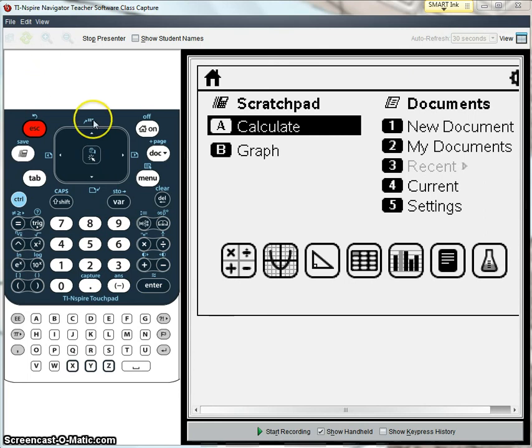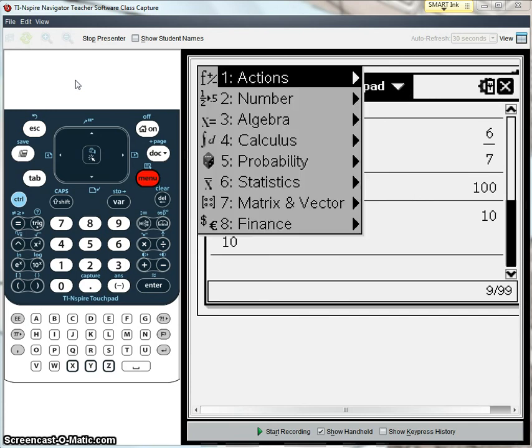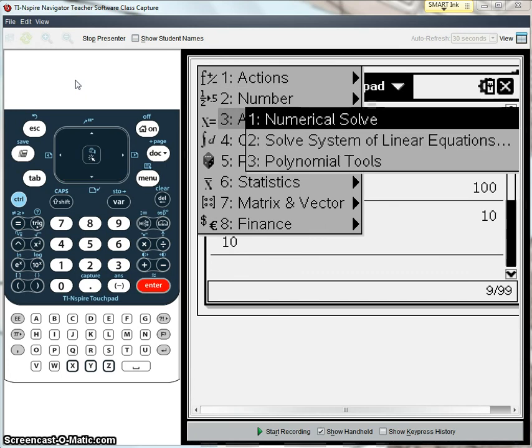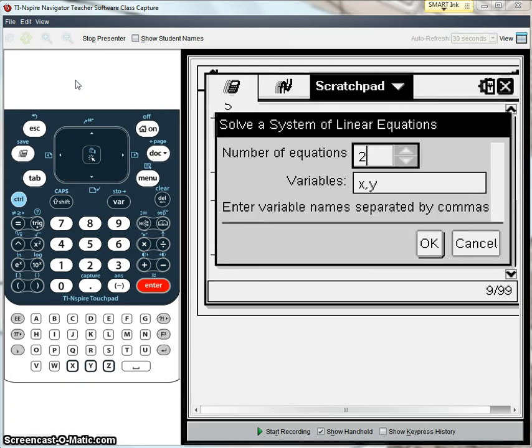So first, when you're at your home page, you want to go to Calculate, so we're going to choose A. Then you want to hit your menu button. You want to go down to option 3, which is Algebra. Hit Enter. You want to go to Solve System of Linear Equations, and we're going to hit Enter again.